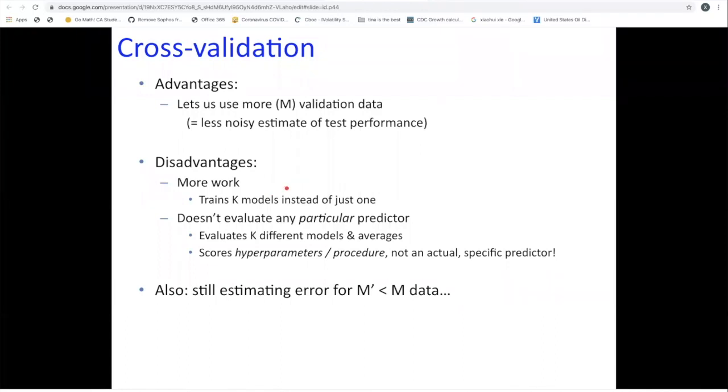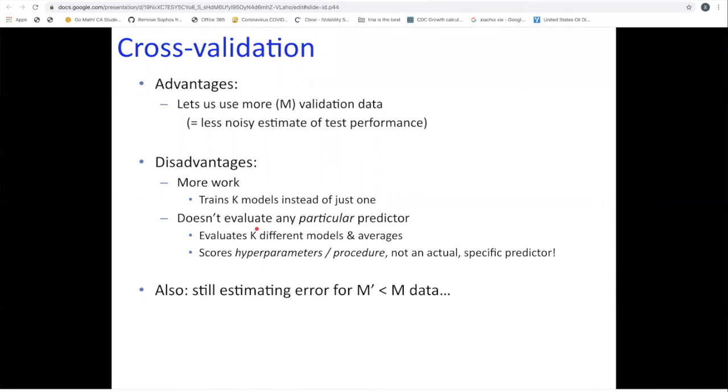Secondly, another thing you have to keep in mind is that the evaluation is done on K different models. This method does not give you a single model, because you learn K different models based on K different splits. As a result, the MSE you calculate is not evaluating any particular predictor, but is kind of an aggregate, average result.